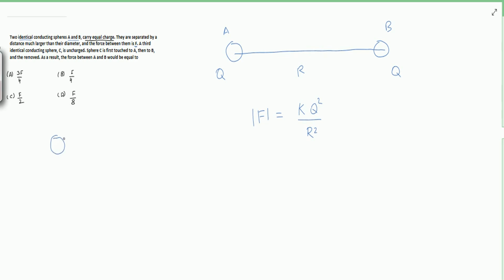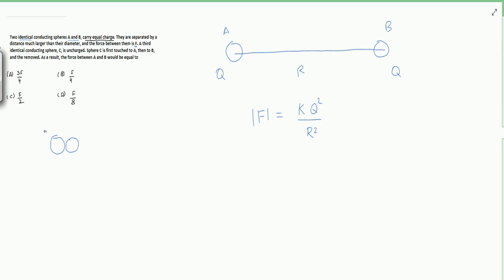When these two bodies are in contact, charge distribution takes place by transfer of charge, and it continues till both have equal charge, because they are identical conducting spheres.